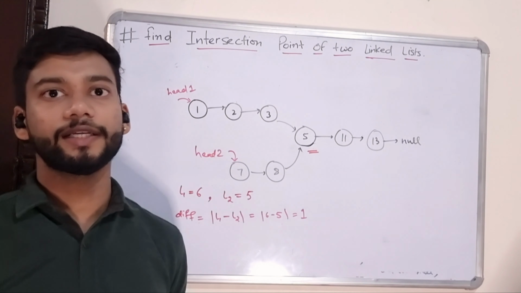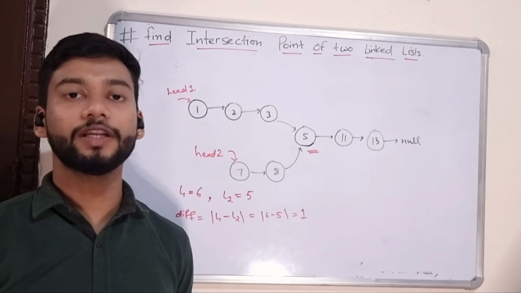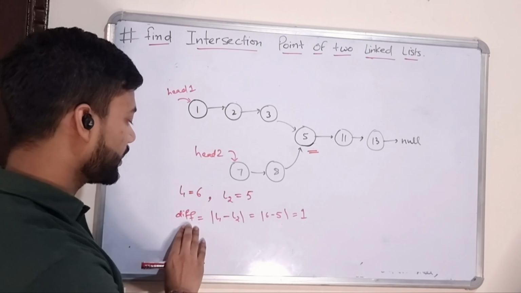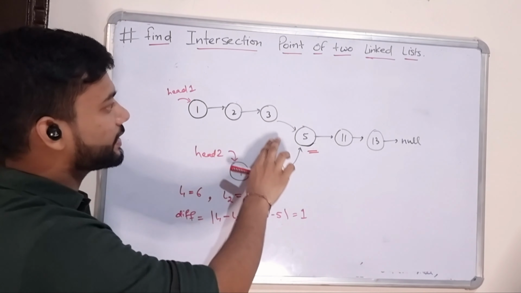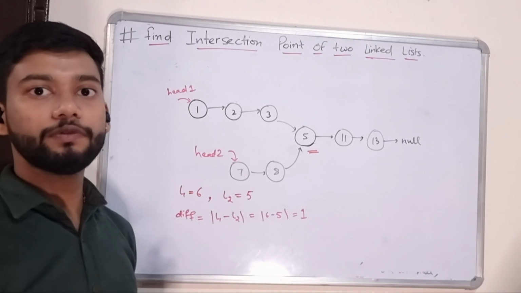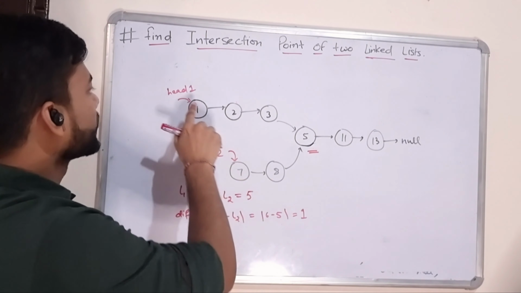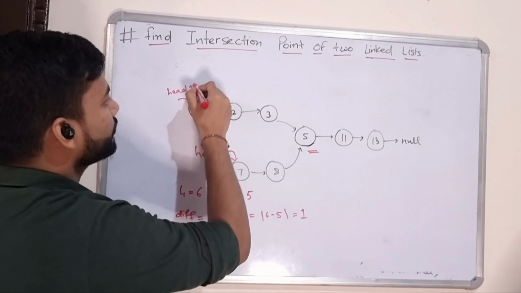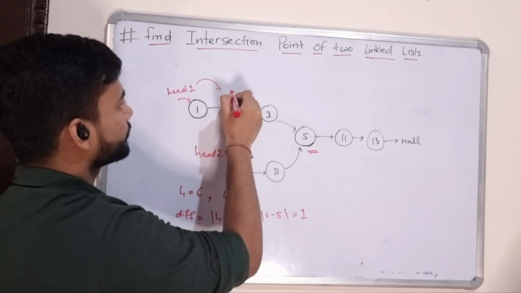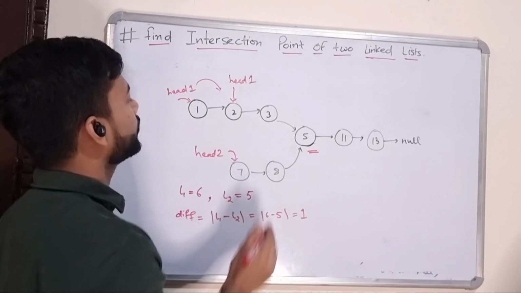Once we calculate the absolute difference, we will move the head pointer of the larger linked list by this difference. In our case, the larger linked list is linked list 1. So we will move head 1 by one step. Once we move head 1 by one step, head 1 will start pointing to this node.